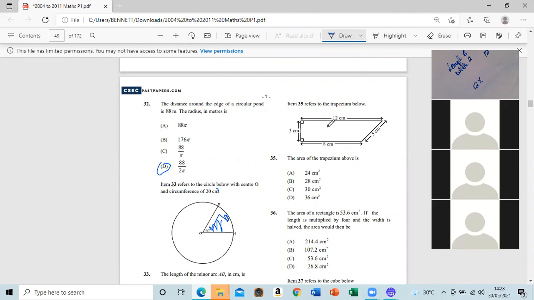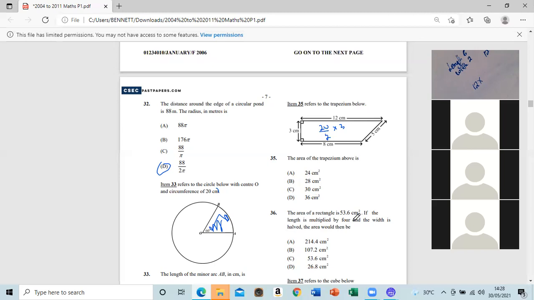That gives us 20. 20 divided by 2 gives us 10. And we times it by the 3. We are ignoring the 5, as I said, so it's 10 times 3. So it is indeed correct. Well done, Chayona.